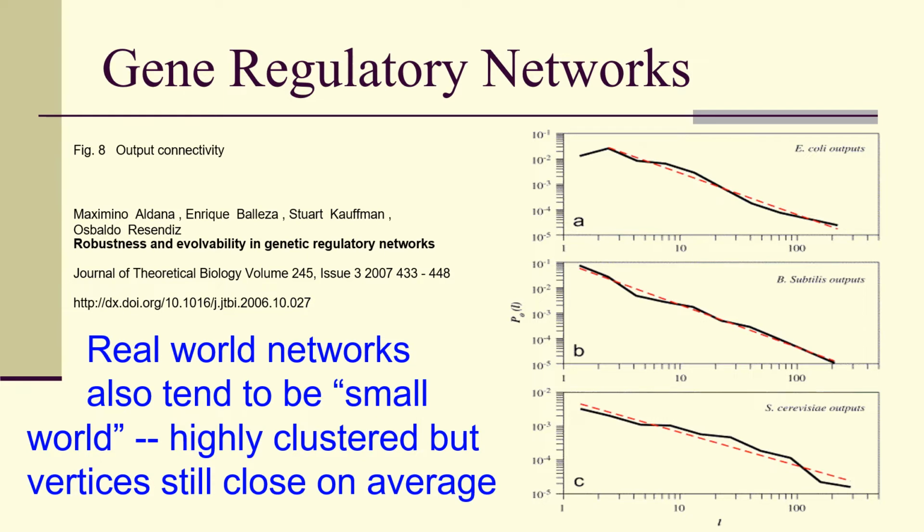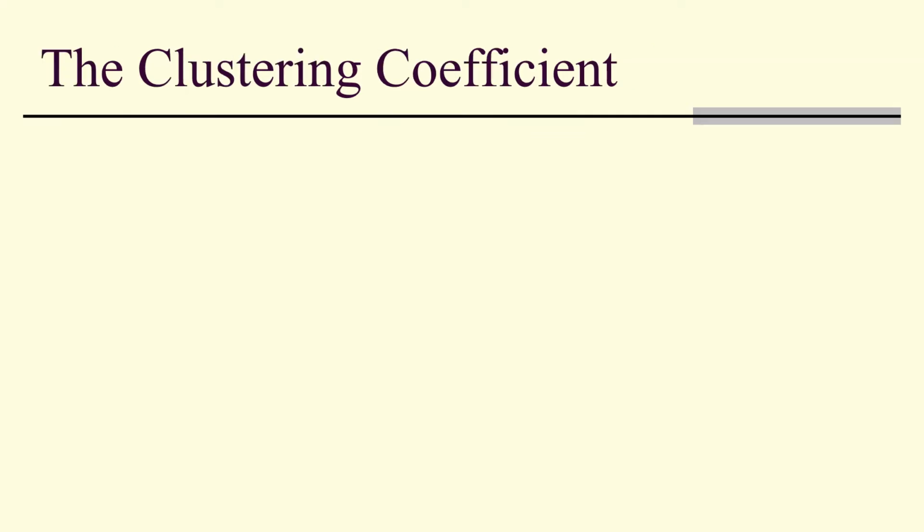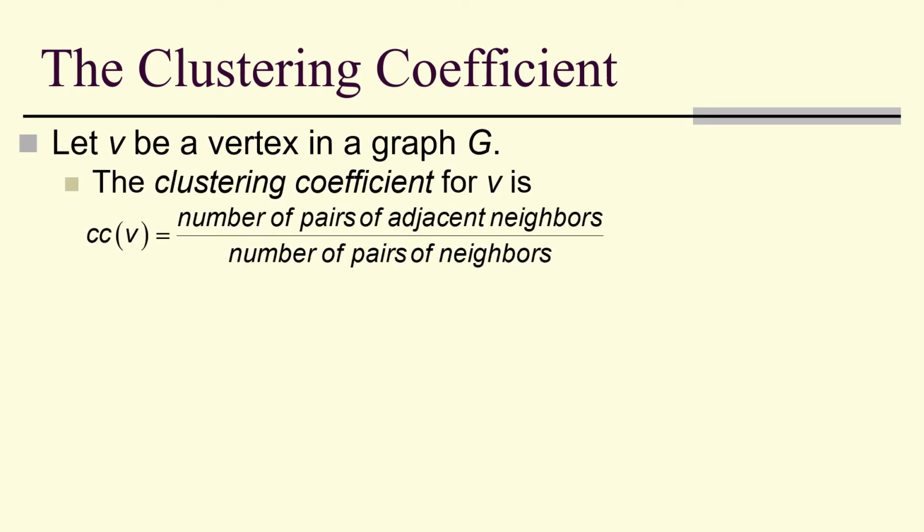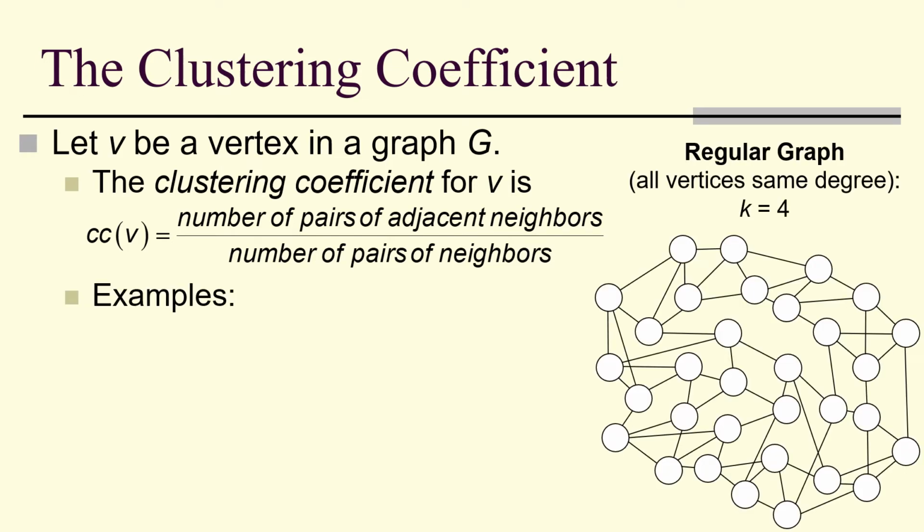Real-world networks also tend to be small world: highly clustered, but vertices still close to each other on average. The clustering coefficient of a vertex is simply the number of pairs of adjacent neighbors over the number of pairs of neighbors. This is easy to illustrate. Take a vertex, find its neighbors, look at that subgraph.